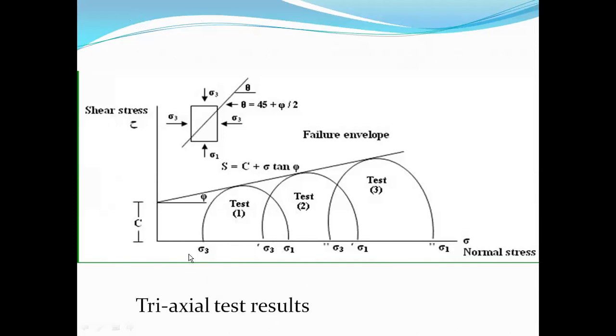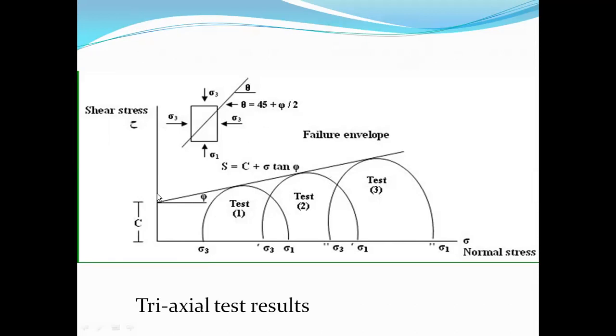Triaxial test results: sigma 1, sigma 3, sigma 3 dash, and sigma 1 dash, like this. Let's say you have test 1, test 2, test 3. You have got different Mohr circles. If I draw a tangent to all the Mohr circles, that gives what you call Mohr's envelope, or the failure envelope. The intercept made by this tangent on the y-axis, the shear stress axis, gives the cohesive force, and the angle made by the tangent with the horizontal is called the angle of internal friction.